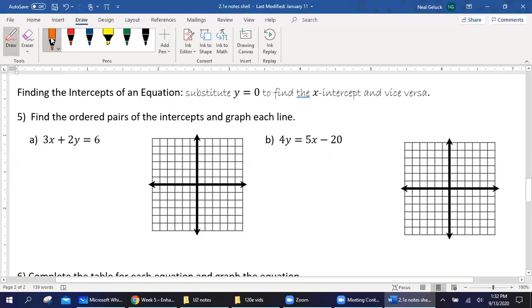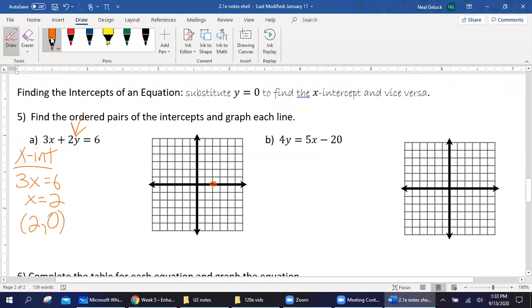So on 5A, to find the x-intercept, I'm just going to plug in 0 for y. So if I plugged in 0 for y, this would just turn into 3x equals 6, and so x is 2. Now, make sure that you give me this as an ordered pair. That is 2, 0.